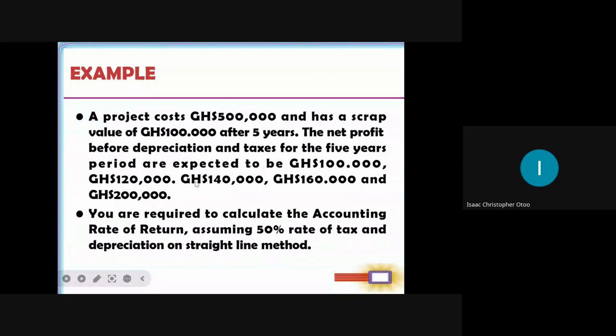So here you have 50 plus 60 plus 70 plus 80 plus 100, then divided by 5 years, you get an annual profit. Then let's see the investment. Total depreciation, so you add all of them. We have done it, the same thing. Then scrap value: we have initial 500 plus 100 gives you 600, divided by 2.